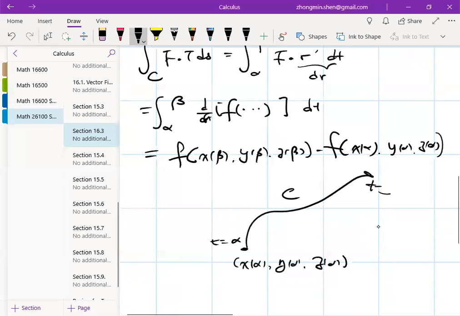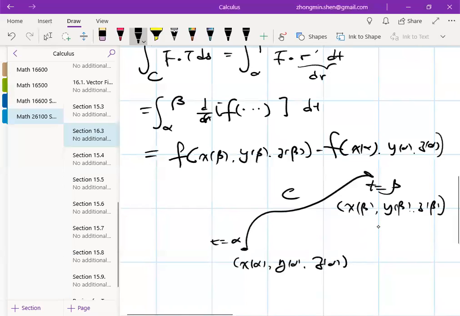And here, when t equals beta, the coordinates of the point are x(beta), y(beta), and z(beta).